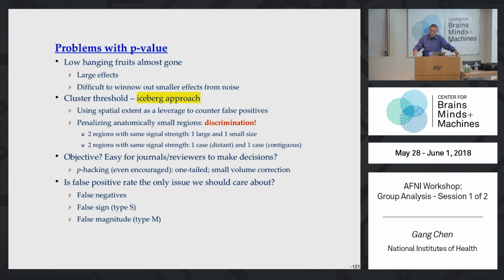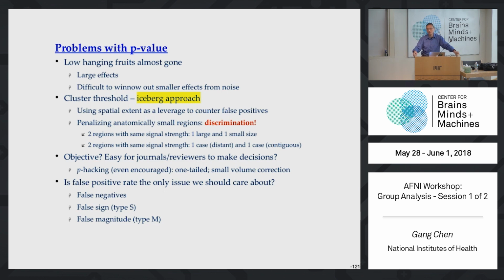You choose a so-called primary threshold, for example a threshold of p=0.001, whatever the t value is. Once you threshold that, you find a bunch of clusters, some big, some small. Then you decide which clusters pass some threshold in terms of cluster size. How do we decide that cluster threshold?